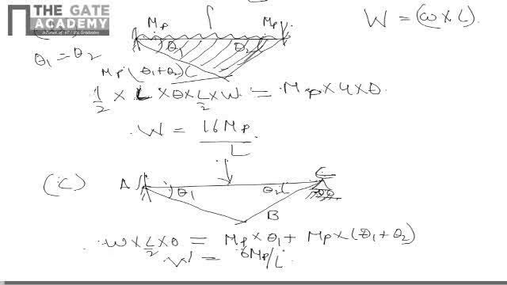Now if we talk about the last case, in which a simply supported beam is given. Since the load is acting at the center point, neither point A nor point B will be contributing towards generation of internal moment.